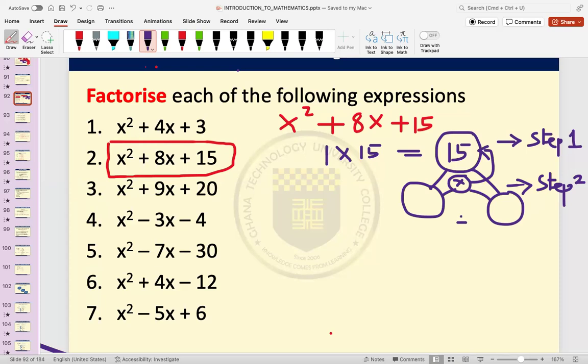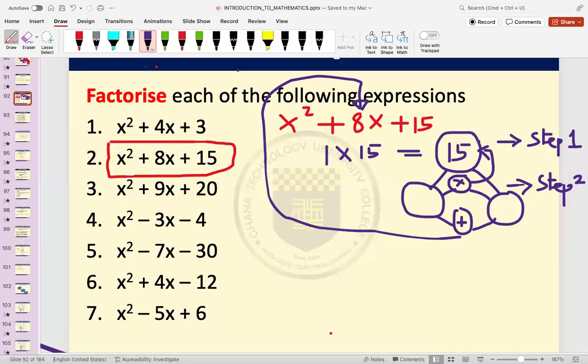But when you add the same 2 numbers, the result should be equal to the number in front of x, the middle coefficient, 8. So the principle is: get 2 numbers, multiply them and get your 15 back, but when you add the same 2 numbers, you should get the coefficient of the middle term.